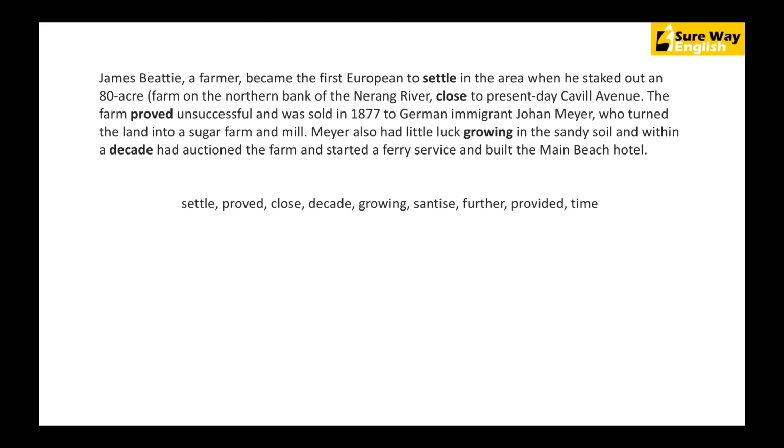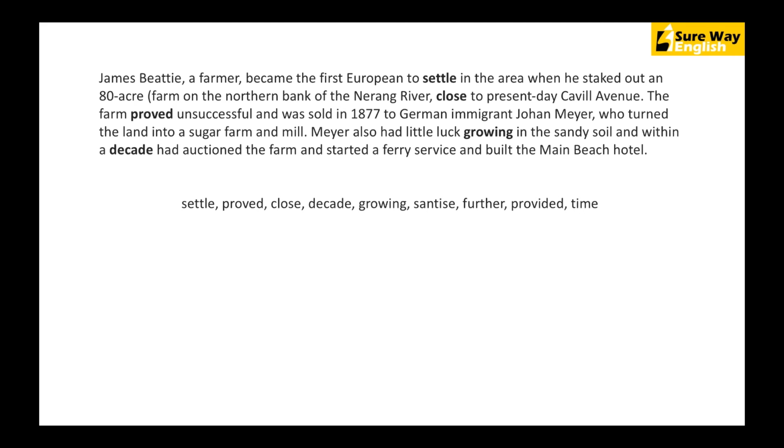So what is the word that can relate Nerang River to present-day Kewell Avenue? I'll look at all the choices. Settle's already taken, proved. No, you can't. What would that mean? One place, Nerang River, is one place, and Kewell Avenue is another place. So the only word that seems to go in there is close. Nerang River close to the present-day Kewell Avenue.